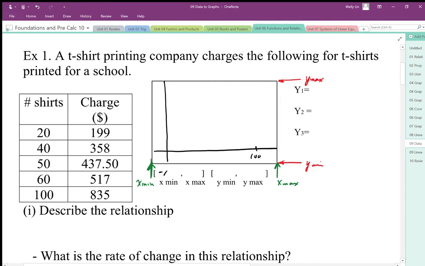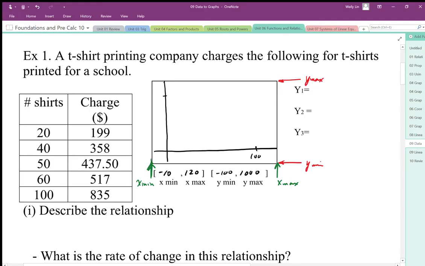So I'm going to go from about -10 to 120. And I need to accommodate up to 835, so I'm going to go up to 1,000. My y-min could be 0, but I'm just going to say it's -100, to $1,000 for the y-max.